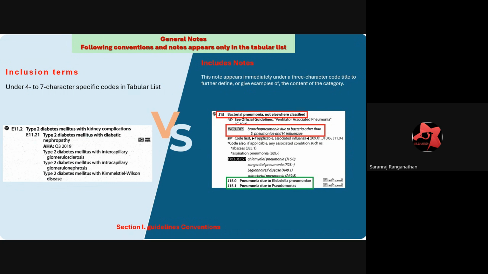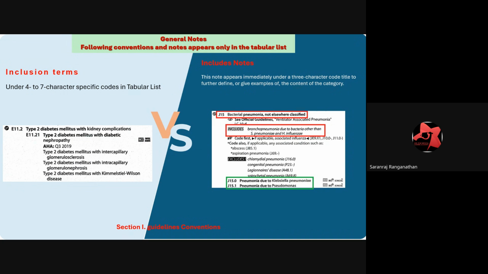This note appears immediately under the three-character code's title to further define or give examples of the content of the category. Here, for Klebsiella pneumonia I have a separate code, and Pseudomonas I have a separate code. But if the documentation is telling about S. pneumoniae or influenzae separately, I don't want to go for a separate code. I can go with J15.0 or J15.9 directly. That is what included notes will be indicating for you.